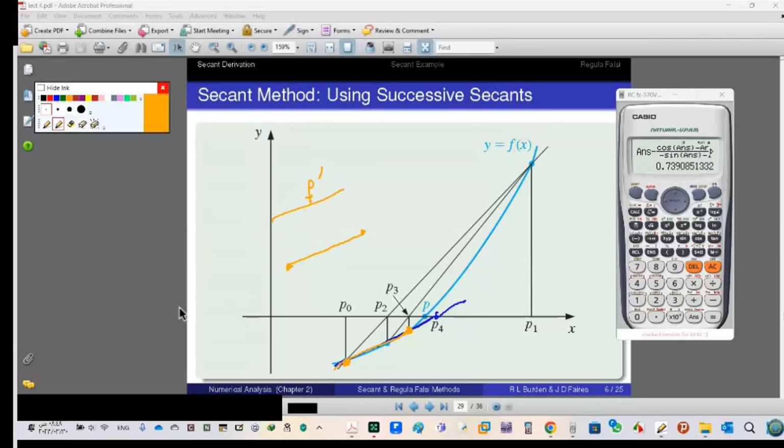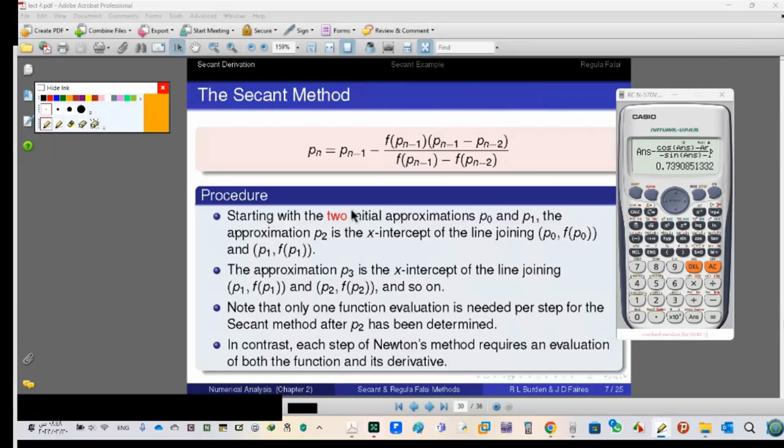In secant, we use 2 points, point 1 and point 2, and then you can connect between them. Okay, so you got the idea. Here we have f prime. I will replace f prime with 2 points, and between these 2 points I will make a line. So let's see the formula for secant.